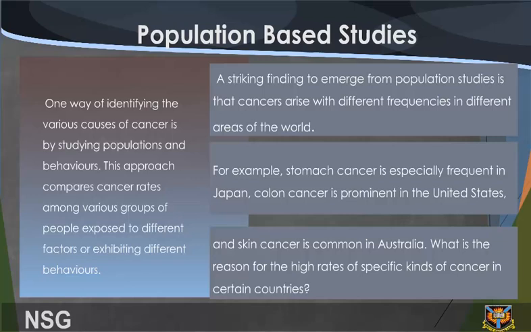For example, stomach cancer is especially frequent in Japan, colon cancer is prominent in the United States, and skin cancer is common in Australia. What is the reason for the high rate of specific kinds of cancer in certain countries?